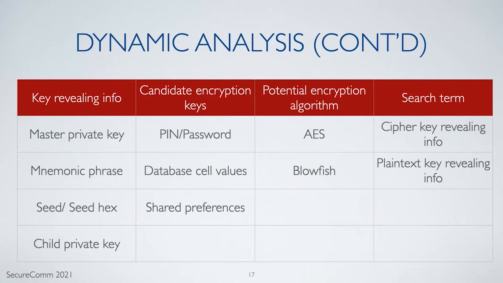We are encrypting the mnemonic phrase with the AES algorithm using all possible 4 and 6 digit PINs and appending the ciphertext in the search term. We are also appending the mnemonic phrase as plain text in the search term. Now, if we find any element of the search term in the app's artifact and the device's internal files are exposed, then the user is in danger of an exposed wallet.